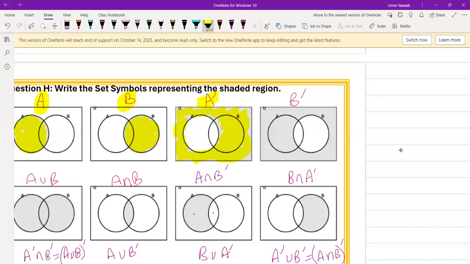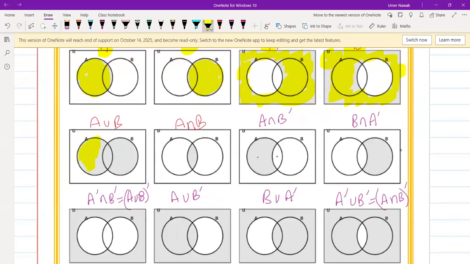In this case, the guy did not consider the circle B, but shaded everything outside of set B. That is called B complement. He took complete set A and complete B, which is a union case. He took the common part, A intersection B.